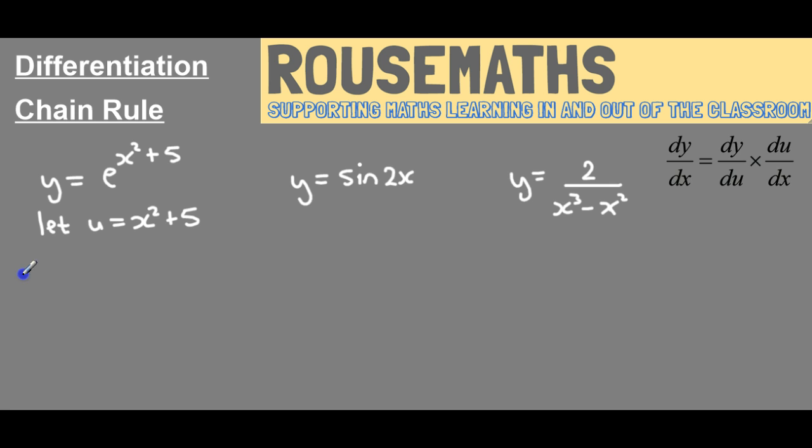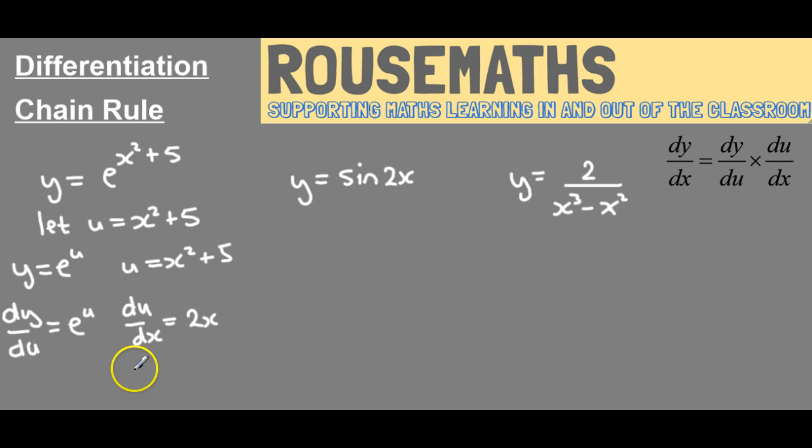And what that allows you to do is you've got y equals e to the u, and you've got u equals x squared plus 5. So if you differentiate this part of it, you get dy by du. And if you differentiate e to the something, it stays the same. If you do end up with an extra function in here, then it would be another chain rule. du by dx is 2x, and therefore applying the chain rule, dy by dx is equal to dy by du times du by dx.